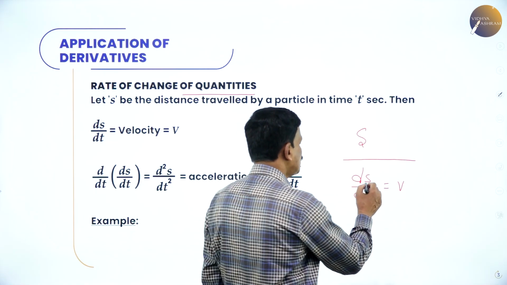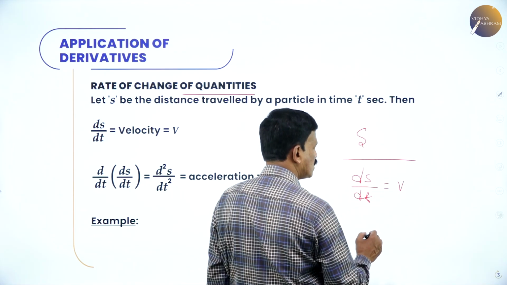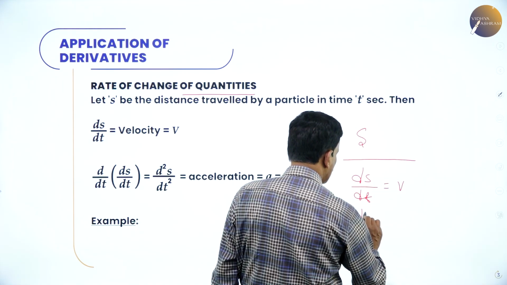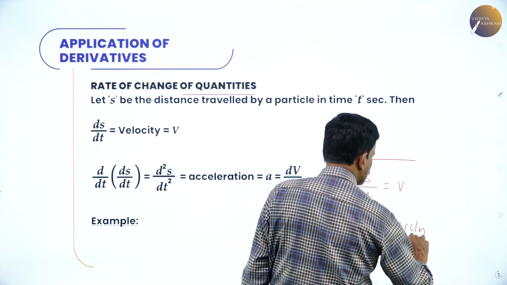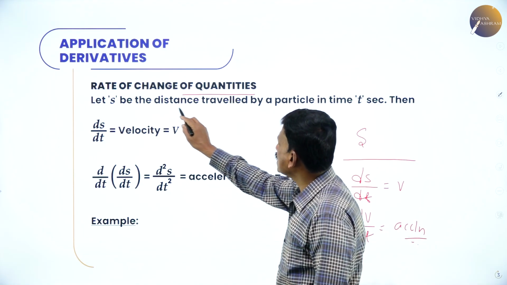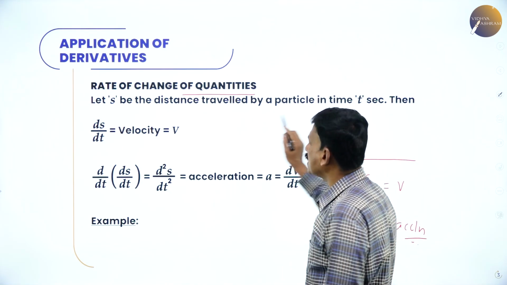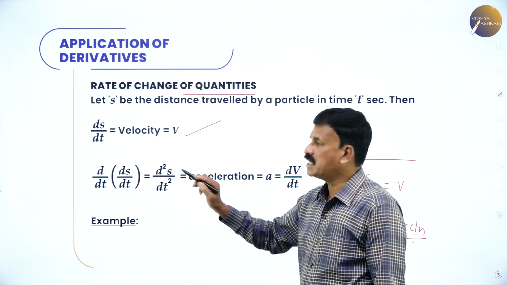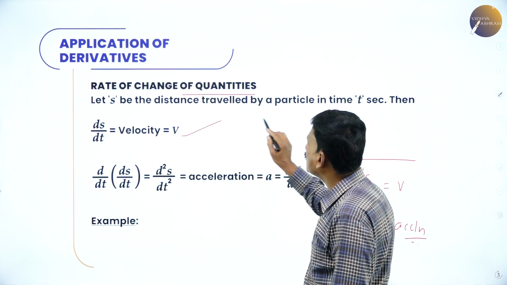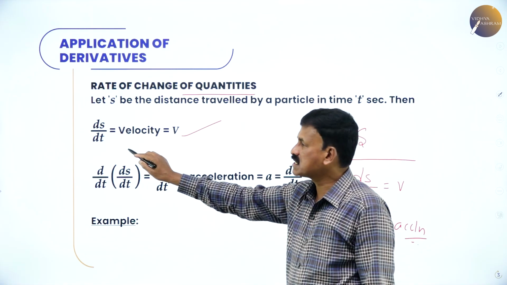If you differentiate this, d by dt of s is called the velocity. If you differentiate velocity, dv by dt is called the acceleration. So that means here, let s be the distance traveled by a particle in time t second, then ds by dt is called the velocity, the rate of change of distance traveled.